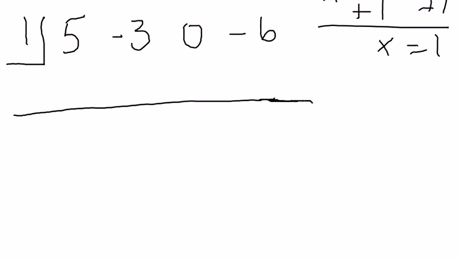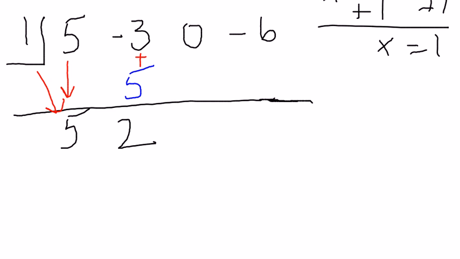Okay, so the first thing you would do, bring down the 5, and then you would multiply 5 times 1, and you get that, plus 5, and -3 plus 5 is positive 2, so that's your second number there.